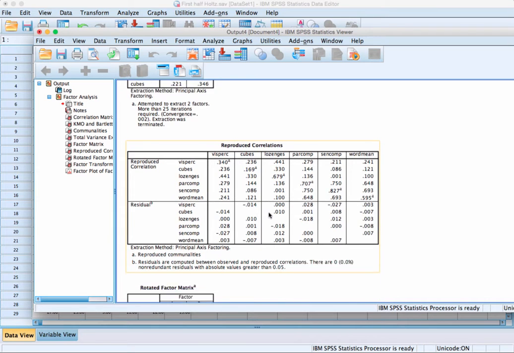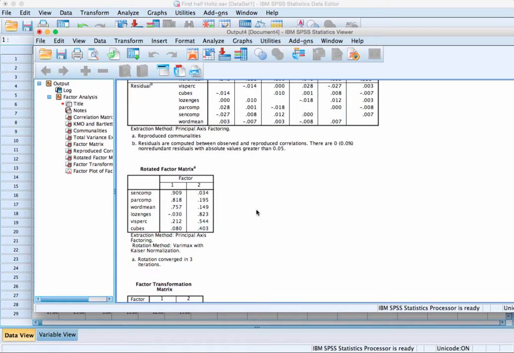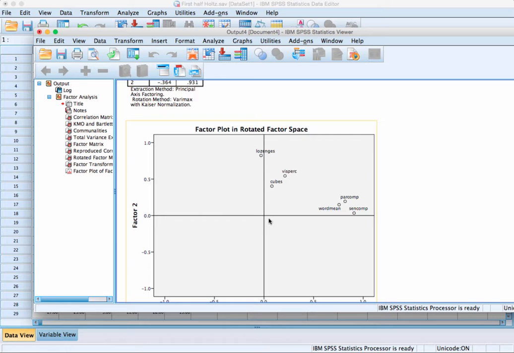So I want to go down here, and by rotating that matrix, we can see that it's much more interpretable. It's very clear that sentence completion, paragraph completion, and word meaning, and the 3 visual spatial tasks are loading on separate factors. And if we come down here, we can see that for this first factor, you can see how close those variables are to that line or vector that represents factor 1.